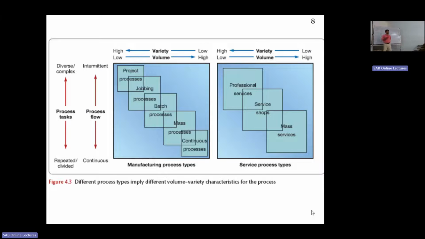The third category, we call it mass service processes. For what type of industries, organizations is that used? What are the characteristics? Volume. Such processes are capable of producing high volume, right?